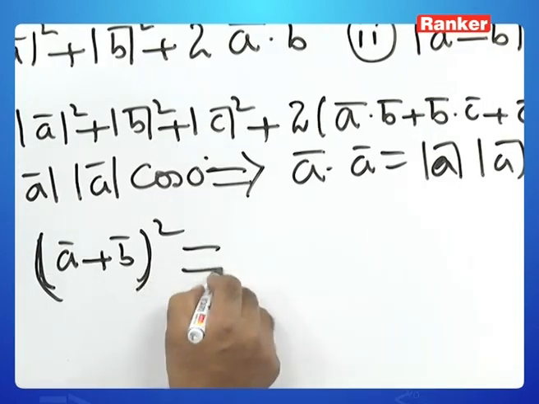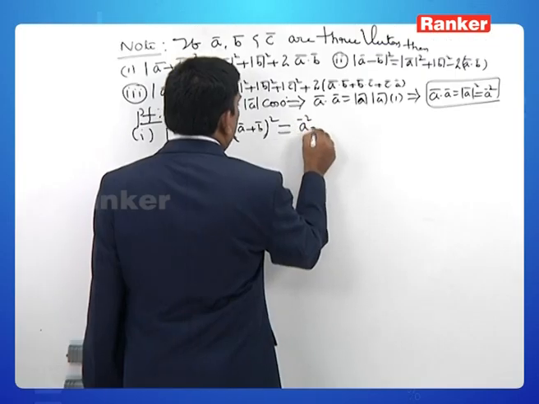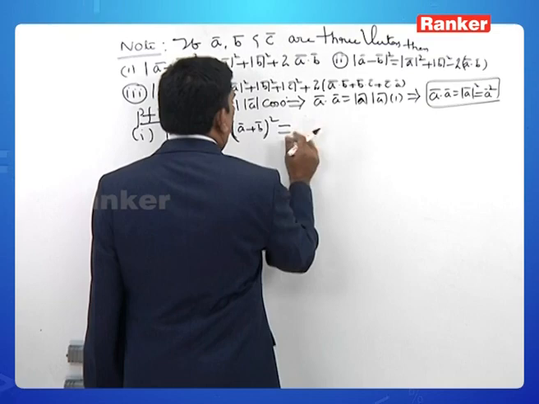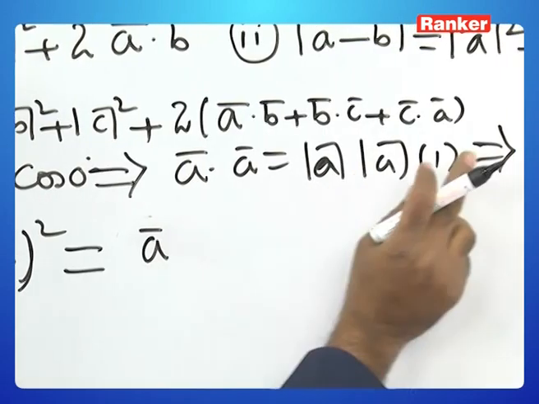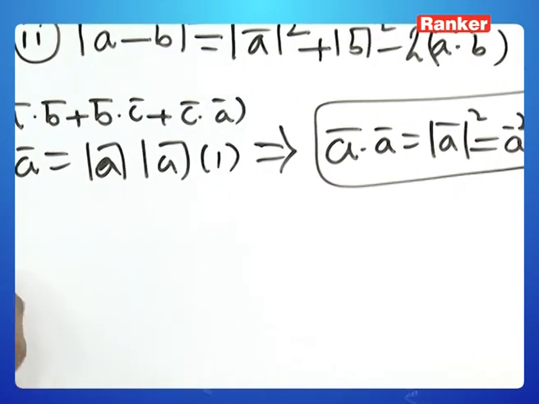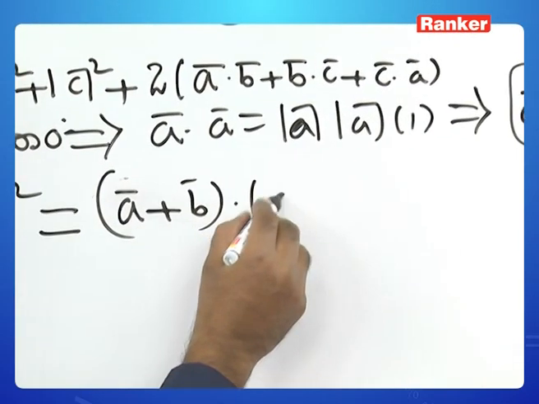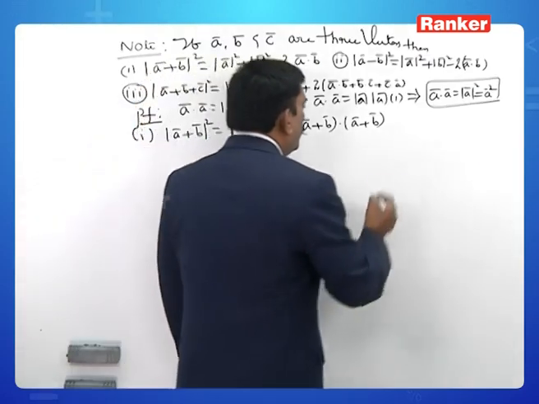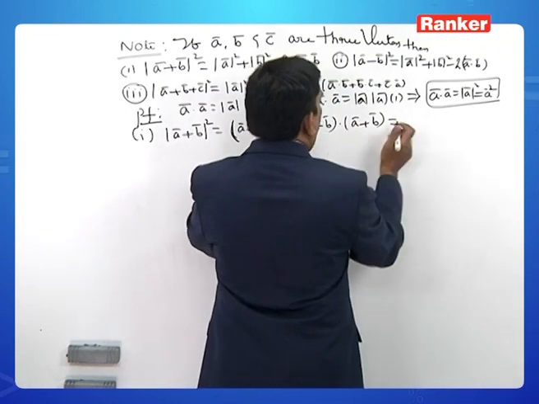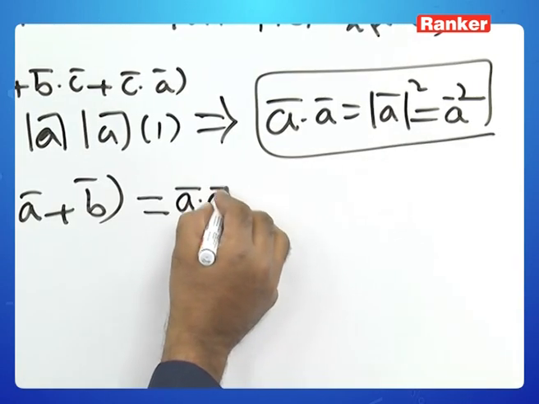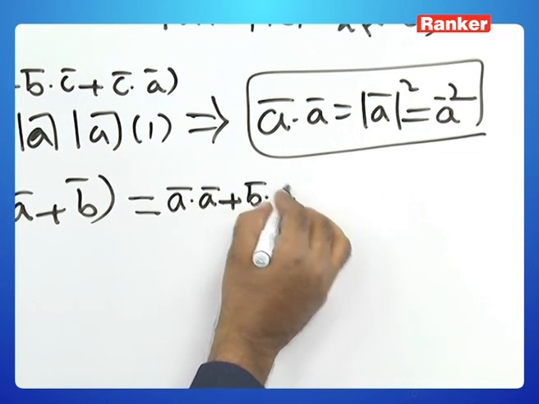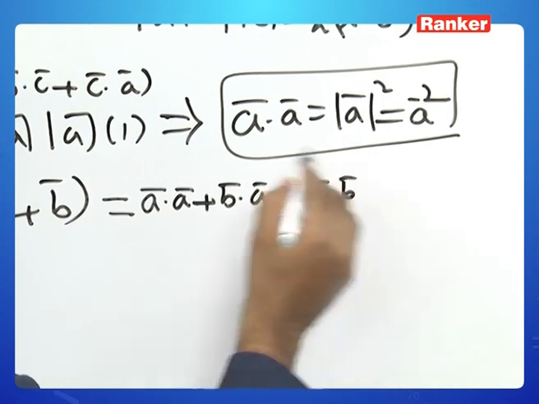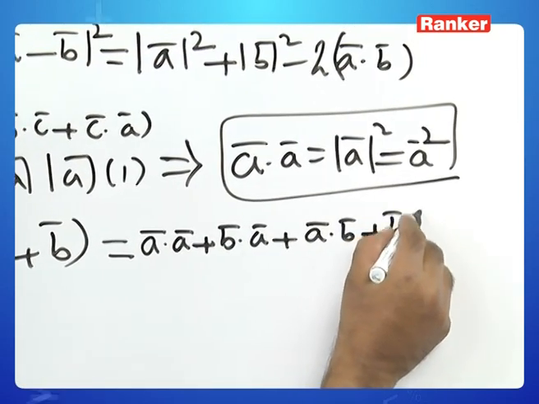Therefore, instead of expanding, let us give the vector treatment for this. I can write the ordinary dot product: A dot A, B dot A, this with this, plus A dot B plus B dot B.